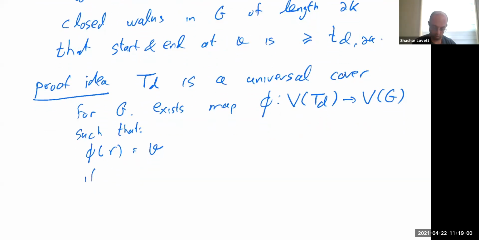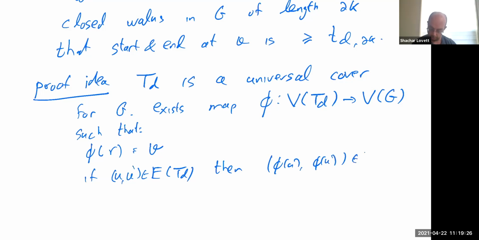So if U and U prime are in the edges of the D-regular infinite tree, then phi(U) and phi(U prime) are in the edges of G.